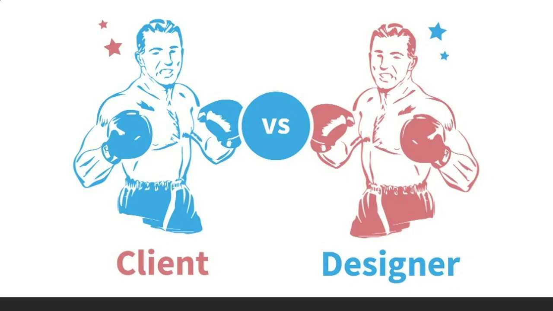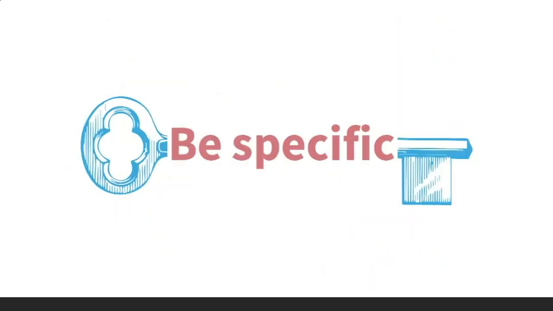And the client can think, well, my time is being wasted, my money's being wasted. And then the designer can start to feel like, well, I'm really good at what I'm doing and I gave them what they asked for. And it creates this conflict and this problem. So really, the key is to be specific. Specificity is the name of the game.